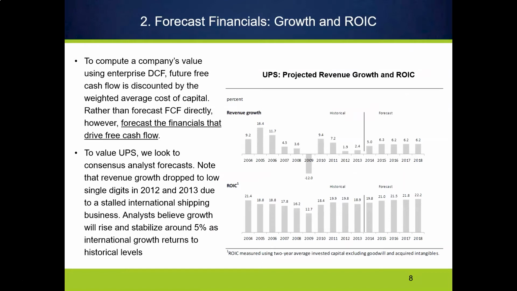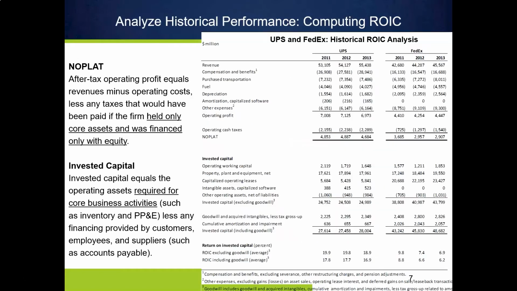Now, in step 2, we forecast. So we take all that historical data. Here we just got 3 years, but usually we want like 10 years of historical data. This is going to help us forecast the future. So we'll say, okay, UPS had revenue that actually grew a little bit, maybe like 1%, 2% a year.